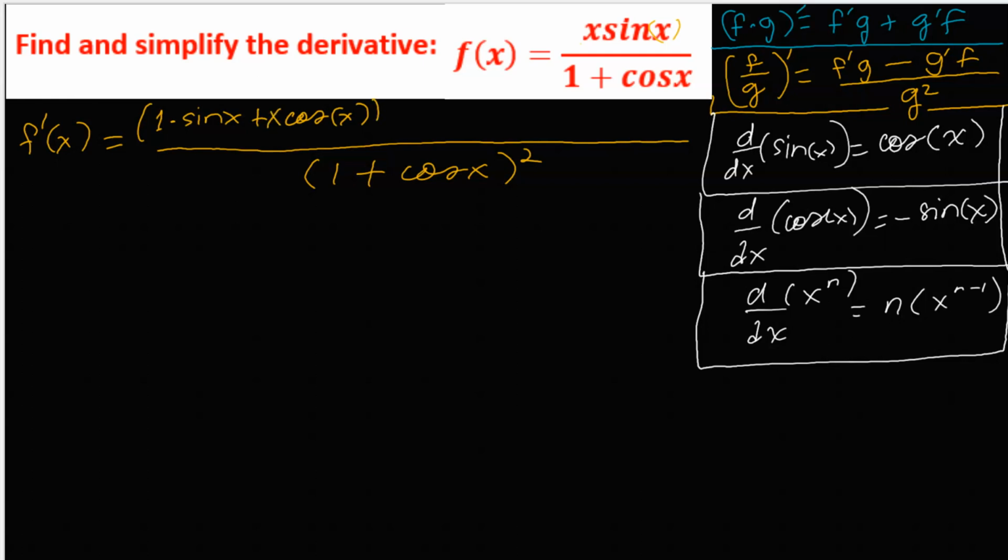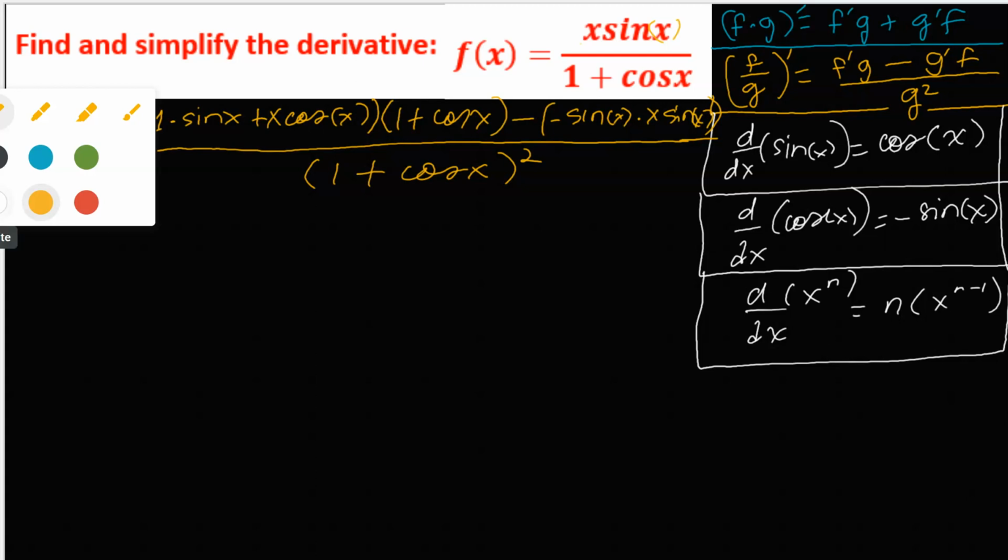That's the derivative of the numerator multiplied by the denominator, which is 1 plus cosine of x, minus the derivative of the denominator, which would be negative sine of x, multiplied by x sine of x, the numerator.